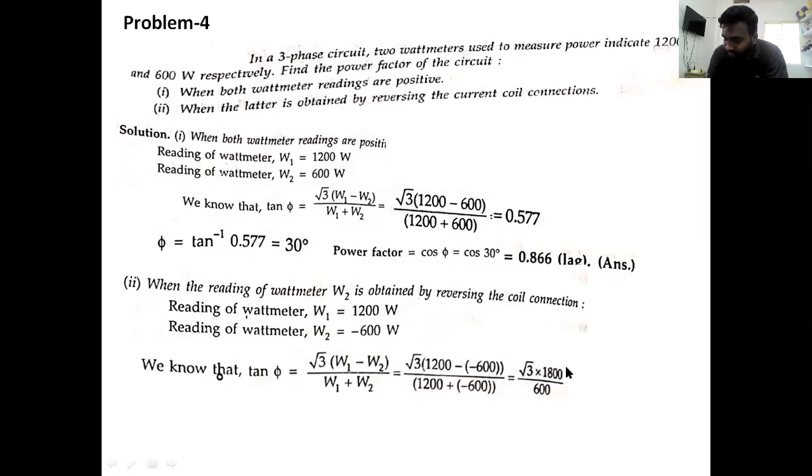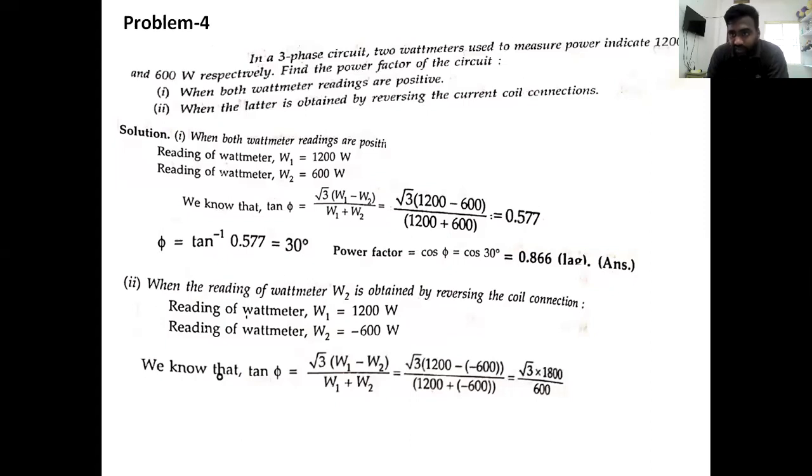What is the value of tan phi from this expression? 212 got 5.196. Anybody verify this? 247 got 5.196. Okay, I myself got 5.1. I calculated and the answer is 5.1.